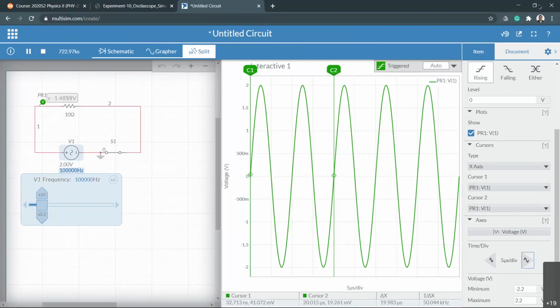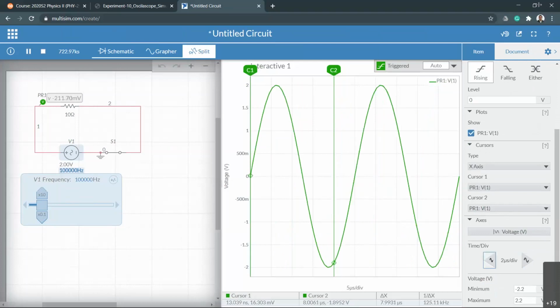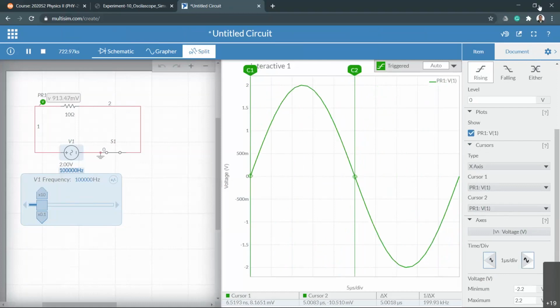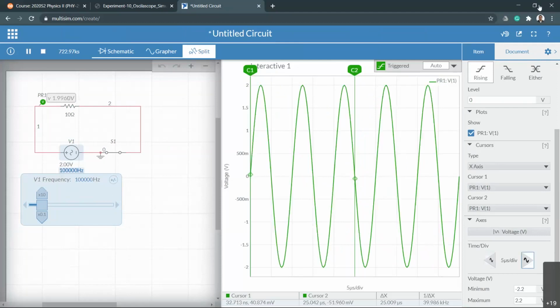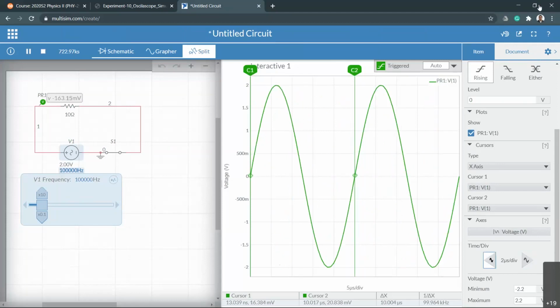Now let's increase this a little bit and change this one all the way to the very end. Now you can see this is not updated yet, right? This is 5 microsecond per division, this is 2. So I have to wait until it updates. If it does not, we're reading it wrong. That's a problem, so you always have to check that. Make sense? Following?